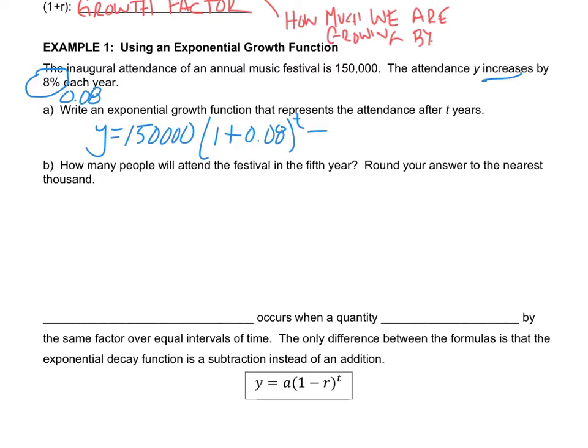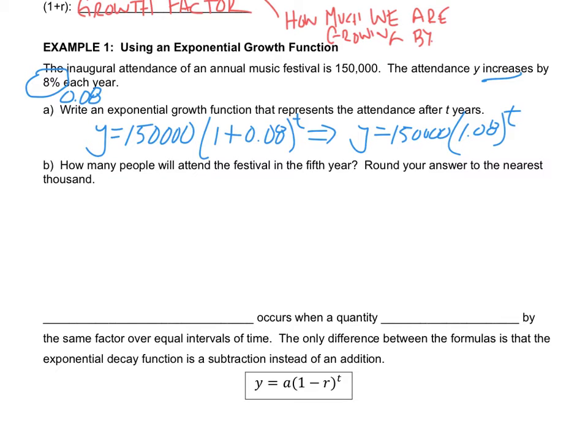And then we can simplify this: 150,000 times 1.08 to the t. When I see a function with a growth factor greater than 1, it would definitely be growing because we're bigger than the 1 or the 100%.